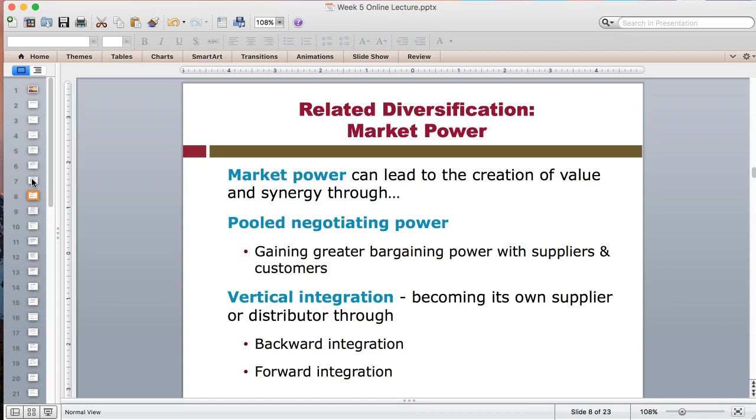And another thing to look at is sometimes you want to look at diversification through vertical integration. In other words, you may want to acquire a company that is a supplier of yours or a distributor of yours.